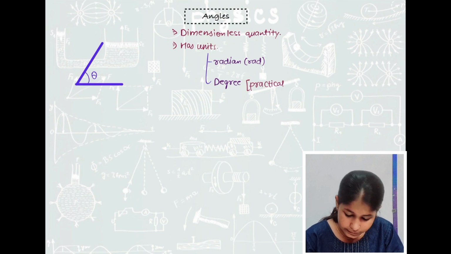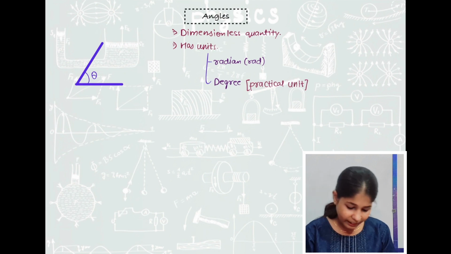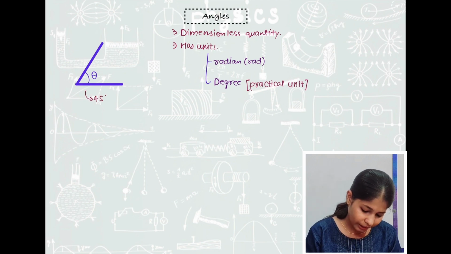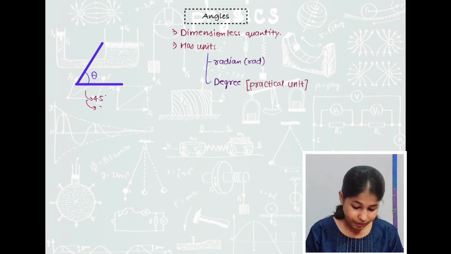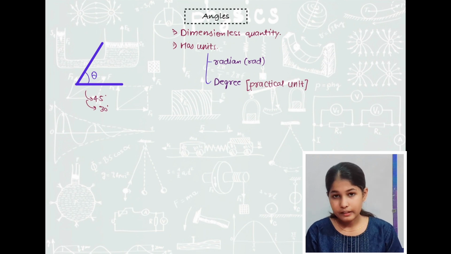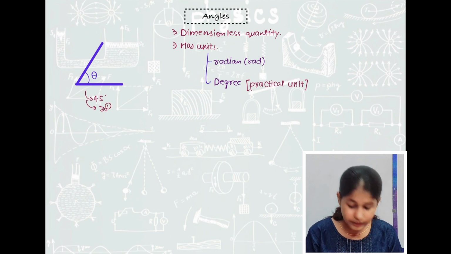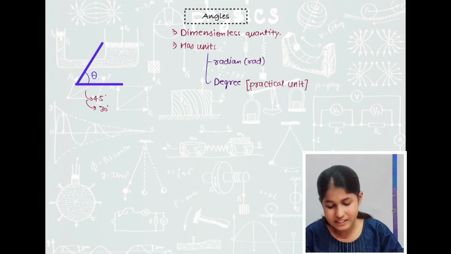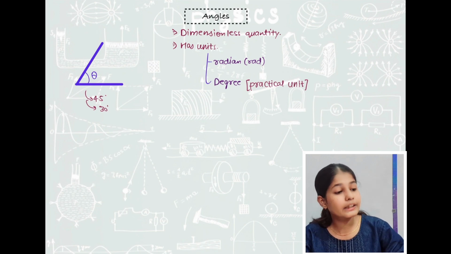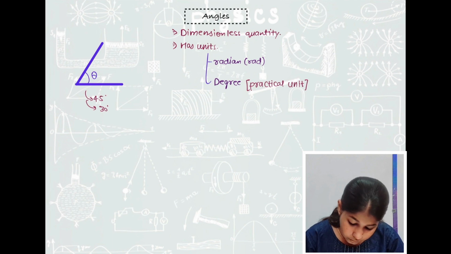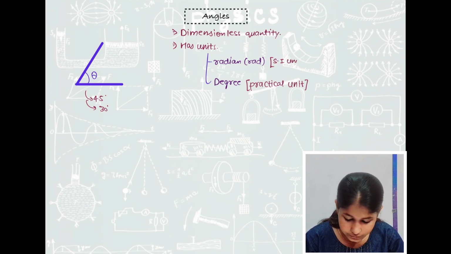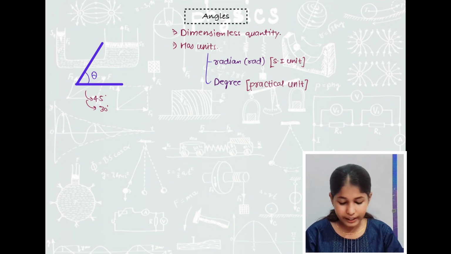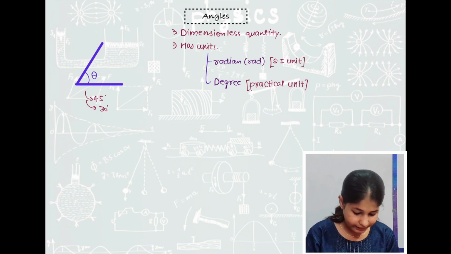If I say the value of this theta is 45 degree, or 30 degree, I am using degree because it is a practical, common unit used in practice. But radian is the SI unit. Yes, the SI unit of an angle is radian.